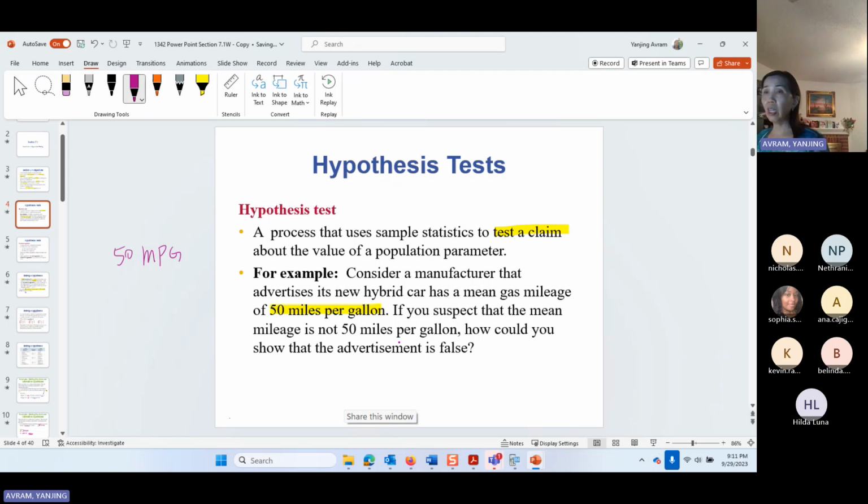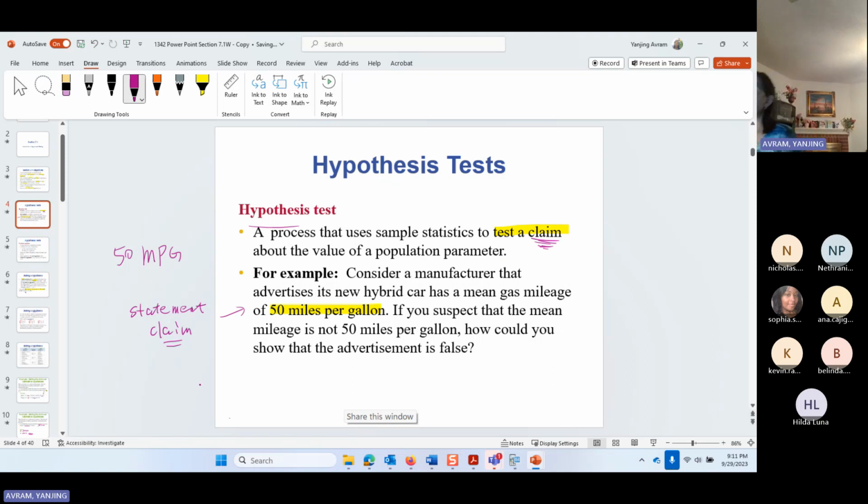You have to provide evidence to prove whether the statement is true or not. So this will be called a statement. The manufacturer advertises this one, and we call this a statement. Sometimes in statistics, in the hypothesis test, we say it's a claim. We want to test the claim to see if this claim is true or false.